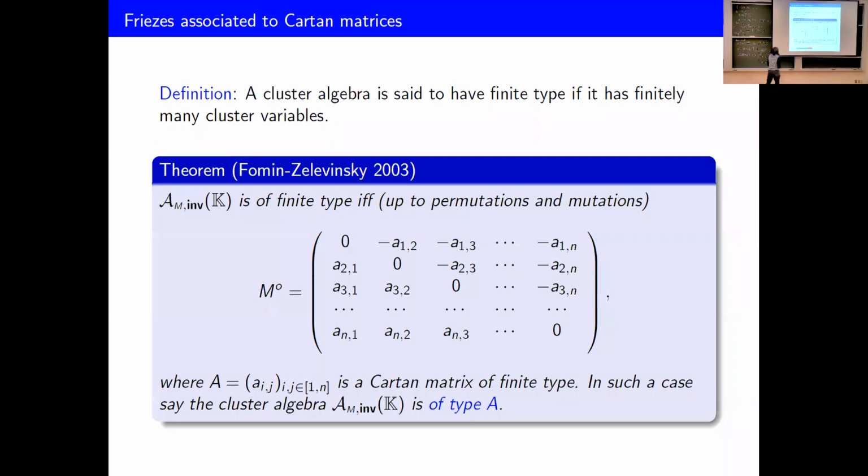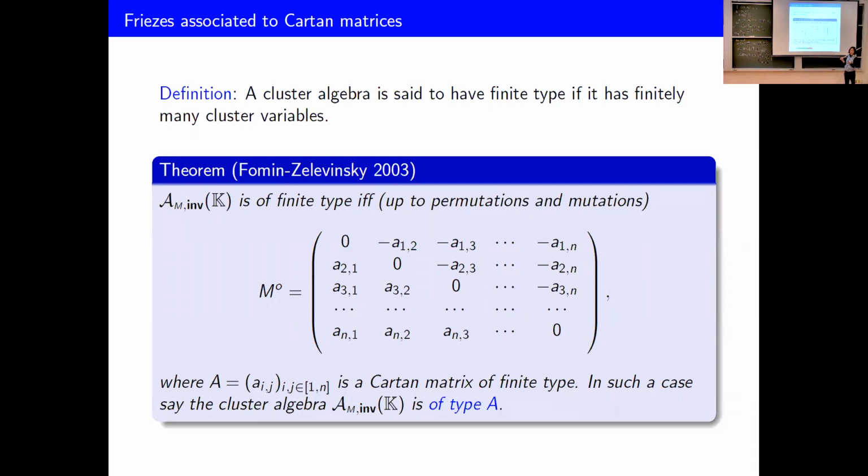Okay. Finite type: a cluster algebra is said to have finite type if it has finitely many cluster variables. Here is one of the first major theorems: a cluster algebra is of finite type if and only if, after mutation or simultaneous permutation of rows and columns, the top part of the mutation matrix becomes this, where these a_ij form a Cartan matrix of finite type.